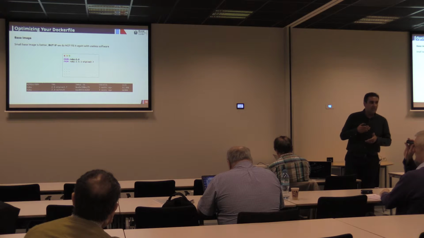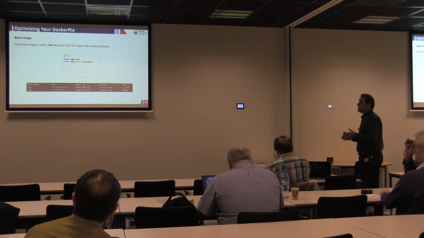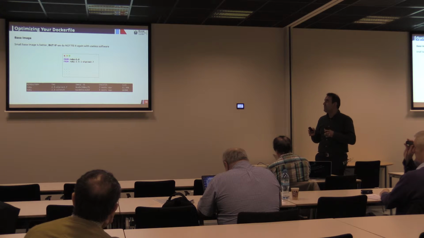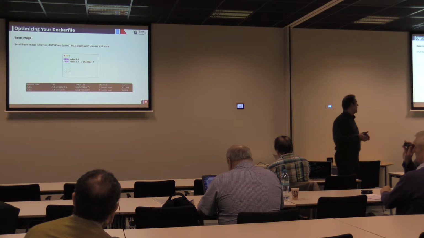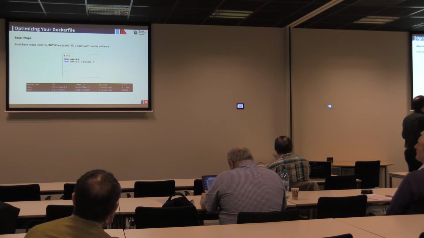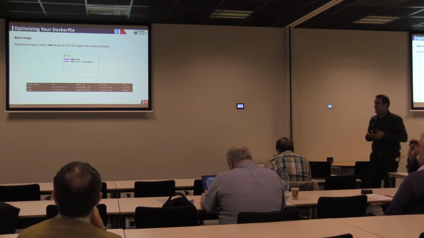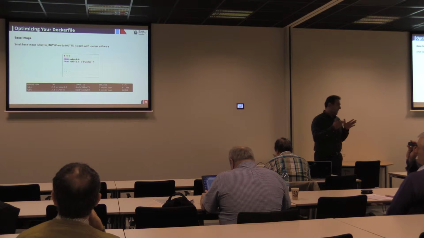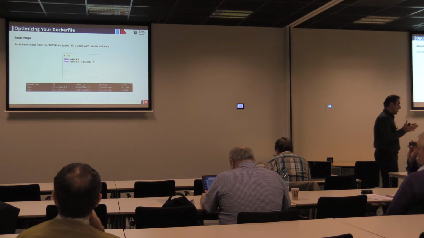The base image is the most important one. A small base image is better, as long as we don't fill it again with useless software. For instance, in this simple example, you can see by changing the base image, you have a really good decrease in the image size. But again, it completely depends on your application.